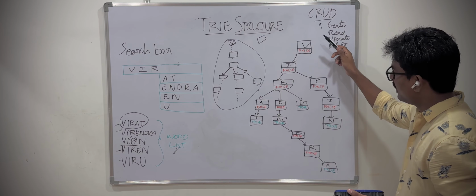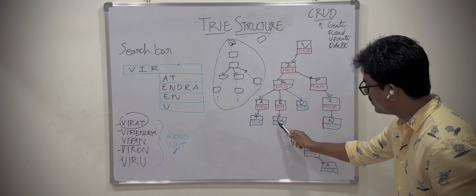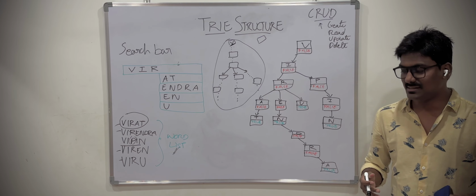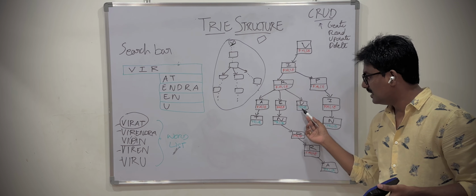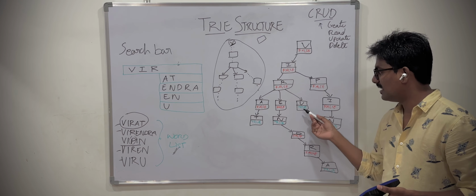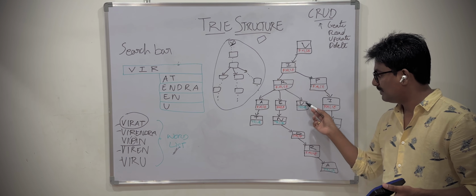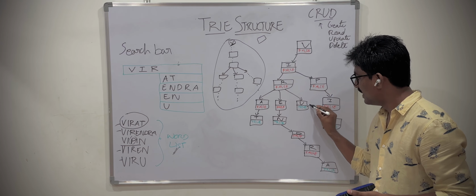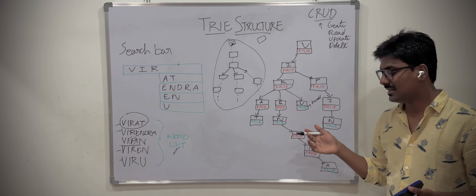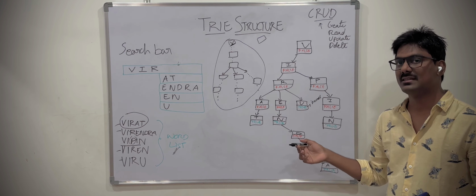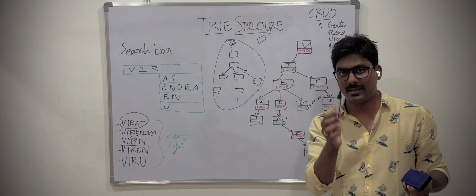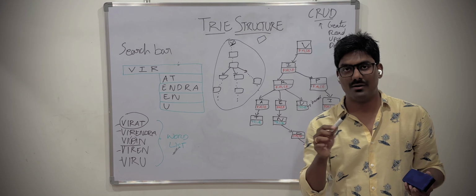Here you can see there are 1, 2, 3, 4, 5 truths, which means that when a node is having this is word as true, you have to consider from the beginning till where you are in that path as a word.